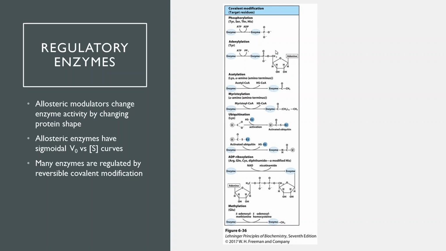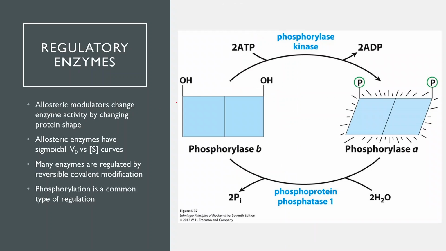There are specific enzymes that add phosphate groups to other enzymes, and those enzymes are called kinases. So a kinase is an enzyme which adds phosphate groups to specific amino acids on other proteins, and sometimes those themselves can be enzymes.